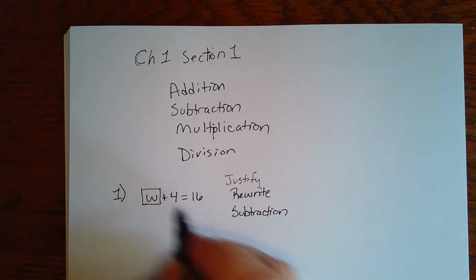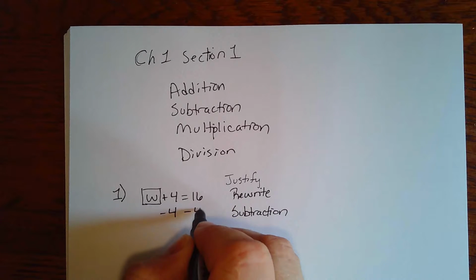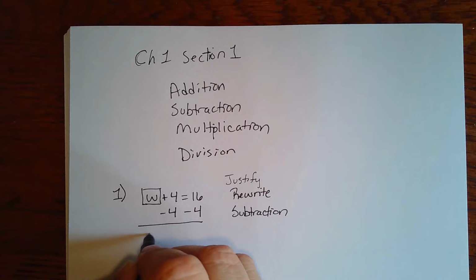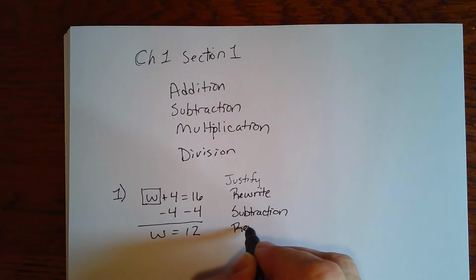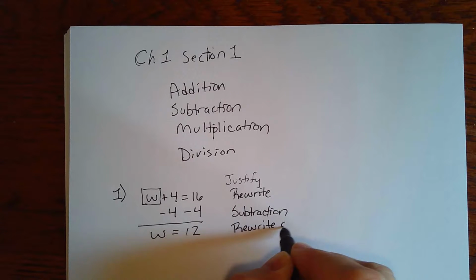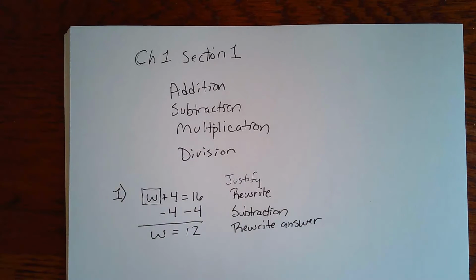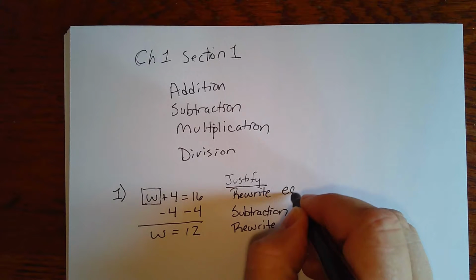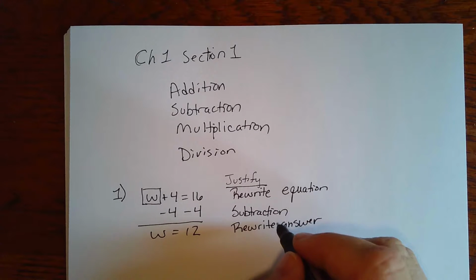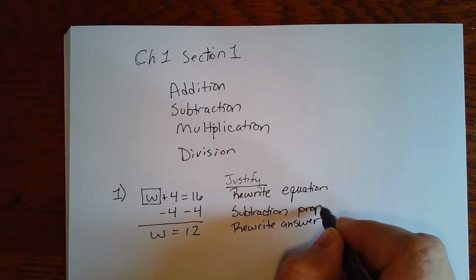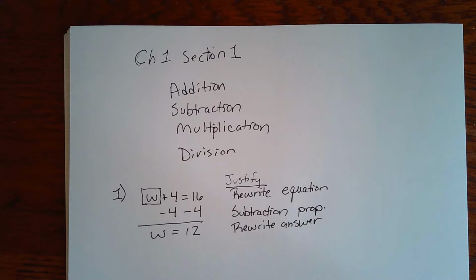I am going to subtract 4 across, so I have W equals 12. And this, of course, is your rewrite answer step. Basically, I did 3 steps: I rewrite the equation onto the paper, I use the subtraction property, and then I rewrite the answer.